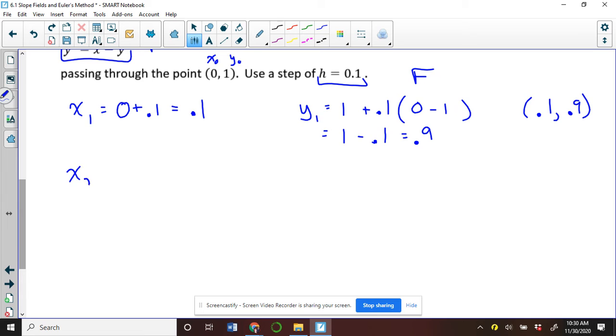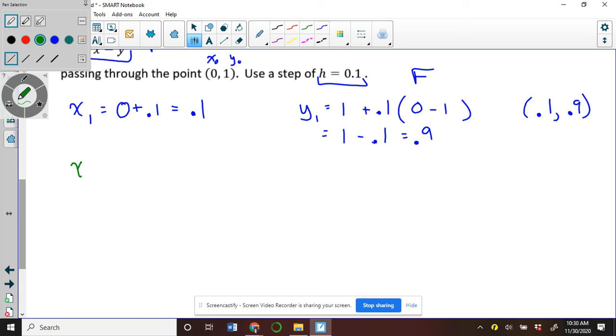So now we need to calculate x2. And I'll change colors. So x2 is x1, so 0.1, plus our step of 0.1. This gives us 0.2. y2 would be y1, so 0.9, plus our step 0.1 times our differential equation at x1, y1.